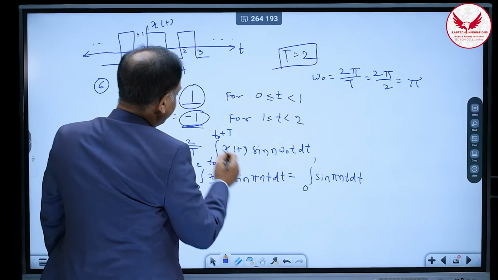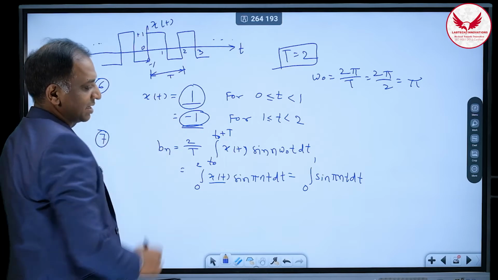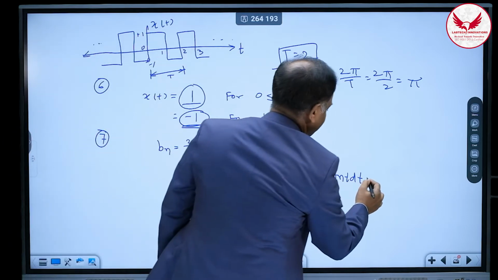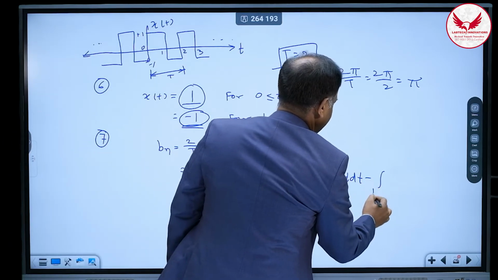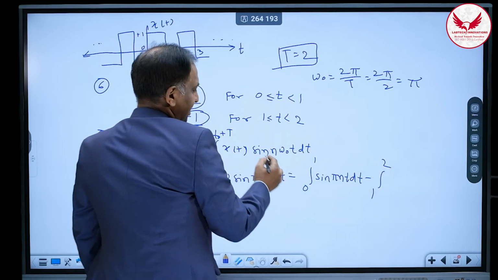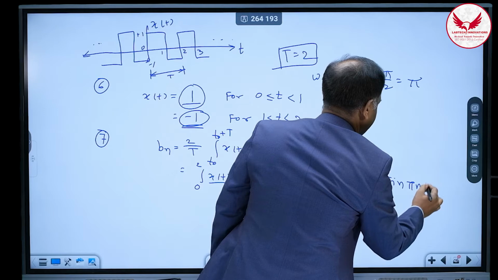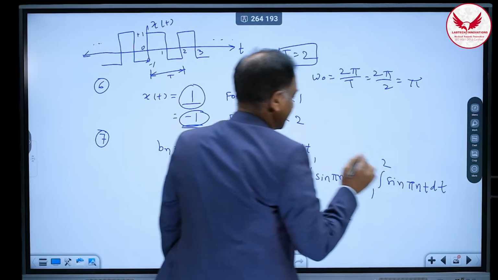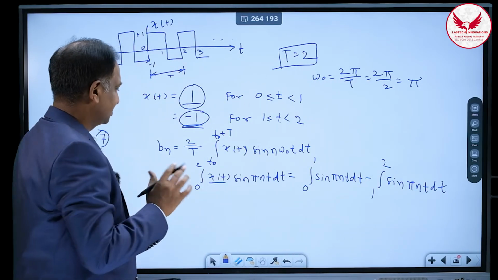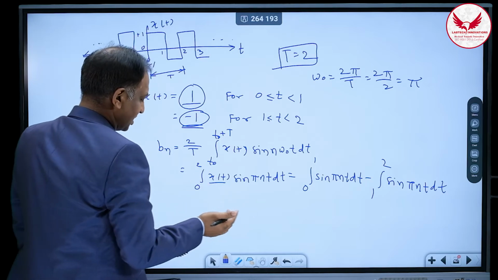Then for 1 to 2, the amplitude is minus 1, so it will become minus 1. So I will take minus, then 1 to 2 and sine n omega 0 t, again sine pi nt into dt. Now you solve. We know that the integration of sine is minus cos.